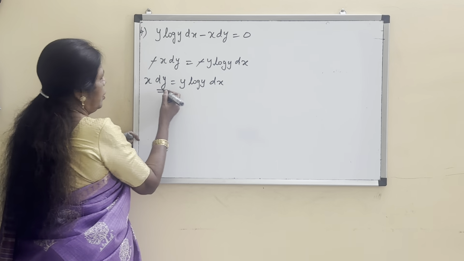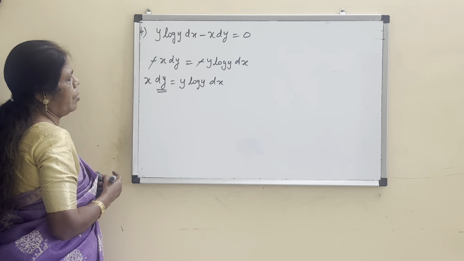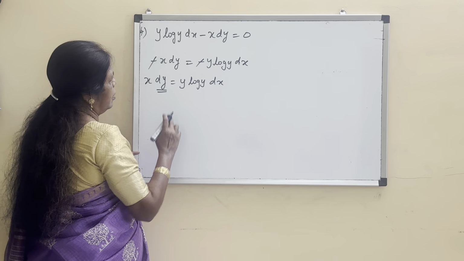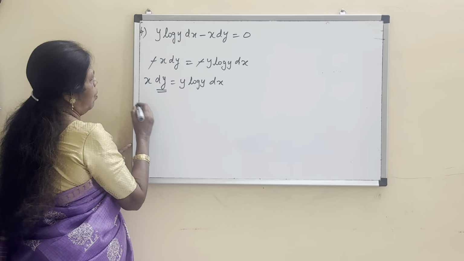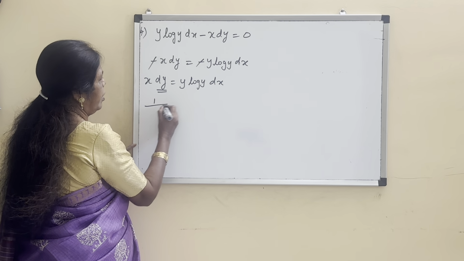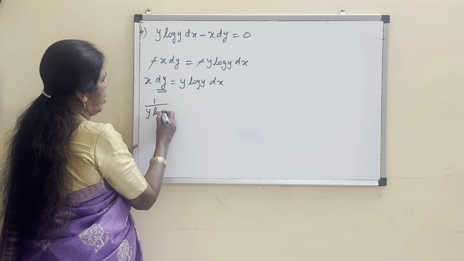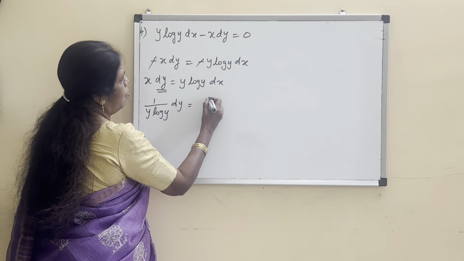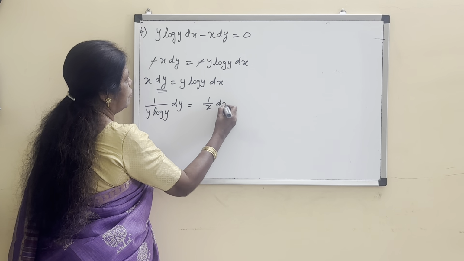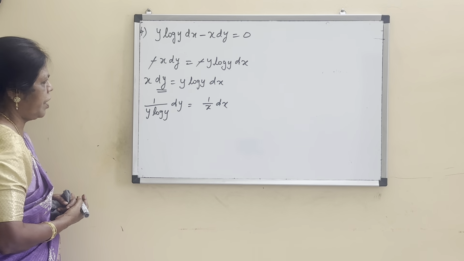Right. I have dy this side, so I have to bring all y terms this side. dx is here, so we have to bring the x terms that side. So now I will write this as 1 by (y log y) dy equals 1 by x dx. So I have separated the variables.